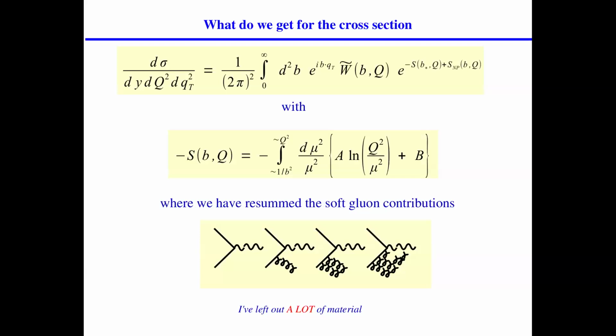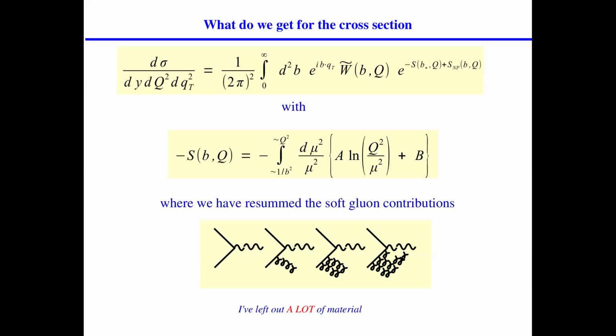And when you're done, here's what you get for the cross section. This is transformed into B space, but basically you've got your cross section here, and then you've got your exponent of your log, and then your non-perturbative, where this is a Sudakov exponent, and it looks something like this. It's an integral. I've got a log here and a constant, but when I do that integral, this will turn into a log squared, and that's a log.